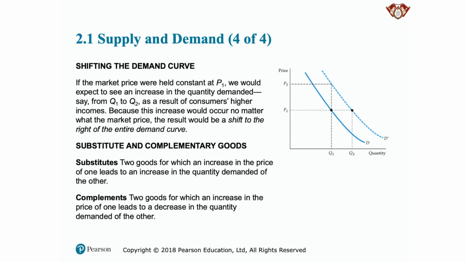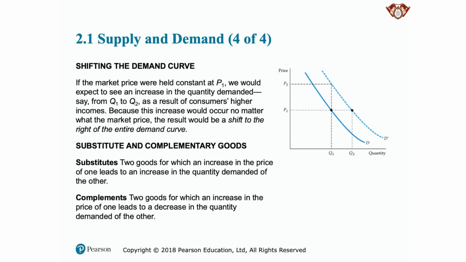What's an example of substitutes? For example, pizza and hamburger, or Pepsi and Coke, right? Latte and cappuccino. If the price of cappuccino increases, then demand for latte increases because latte and cappuccino are substitutes for each other, right?